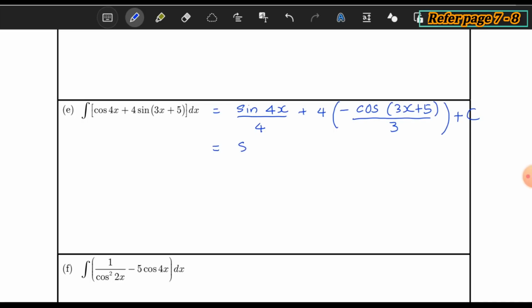The final answer will be sin 4x over 4 minus 4 over 3 cos of 3x plus 5, plus c.